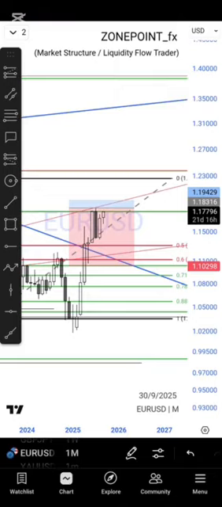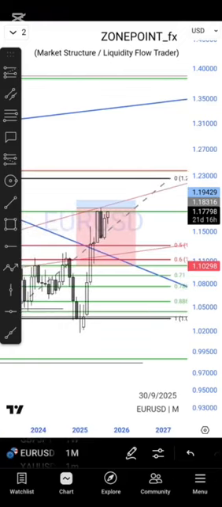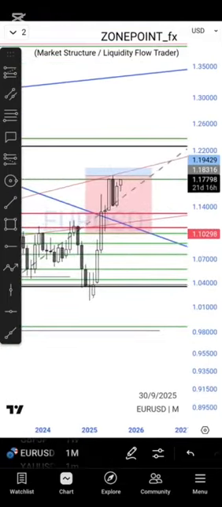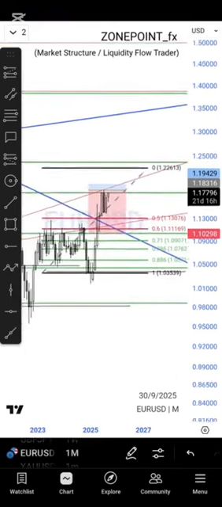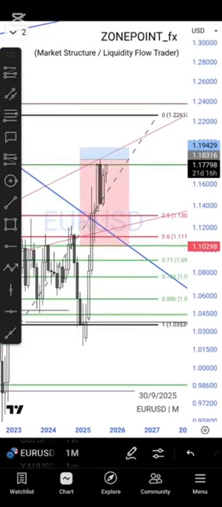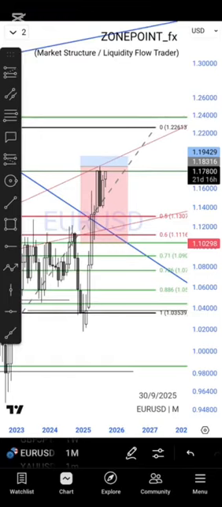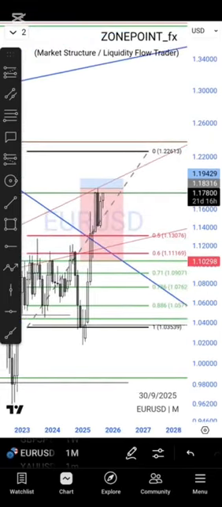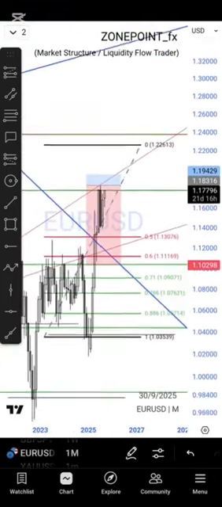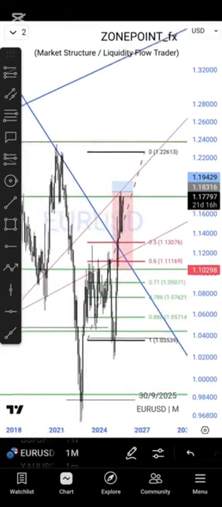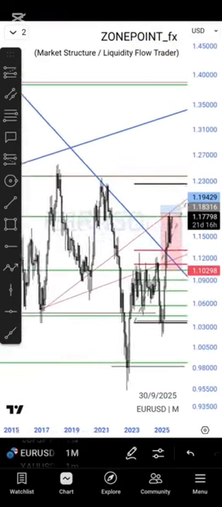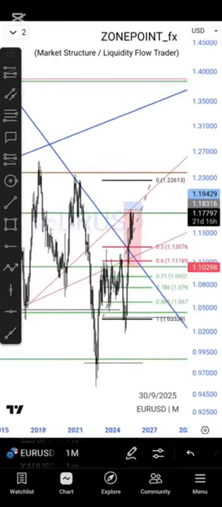An imbalance candle. There is a difference between imbalance and order block. I think I really need to say that so that we can all know that imbalance and order blocks are two different things.